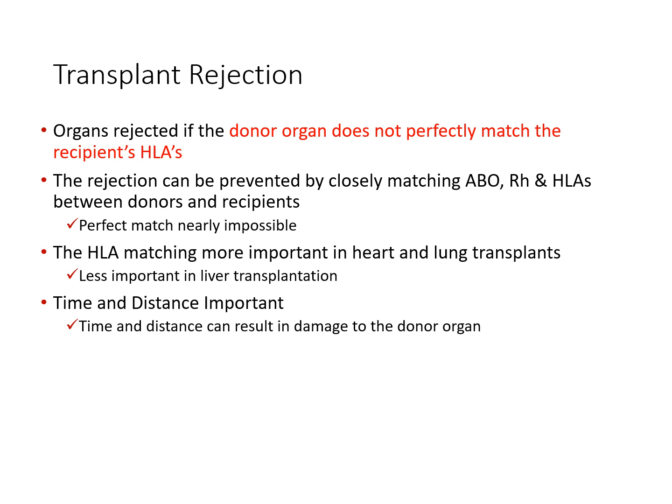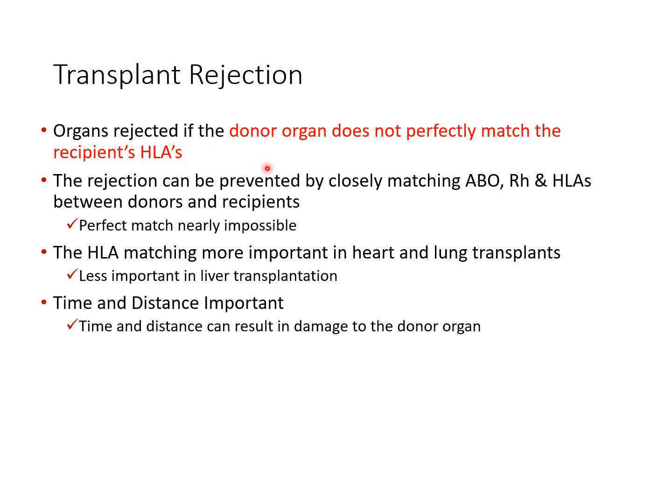Okay. So your typical transplant rejection. This is when your body rejects the organ. This is the one that we're typically familiar with. Your body rejects the organ that they've given you. Organs are rejected if the donor organ does not perfectly match the recipient's HLA.